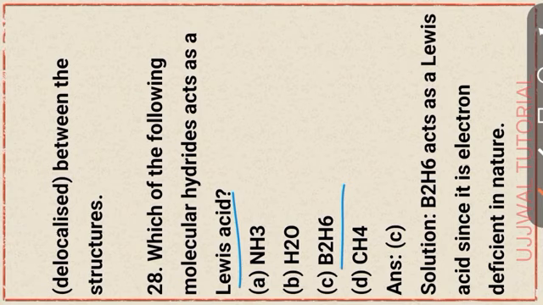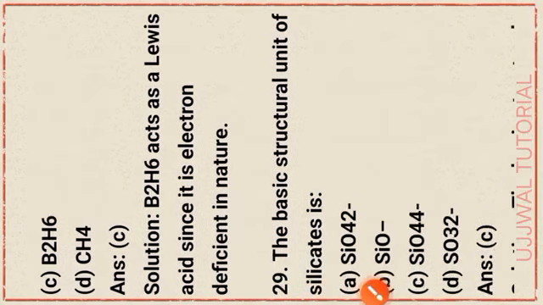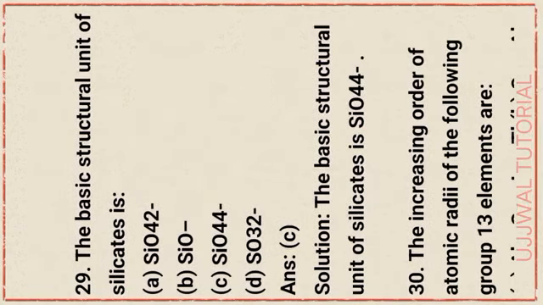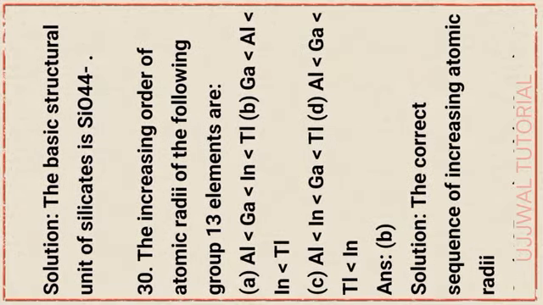B2H6 acts as a Lewis acid since it is electron deficient in nature. Question number 29. The basic structural unit of silicate is option C, SiO4 4-. Clear?